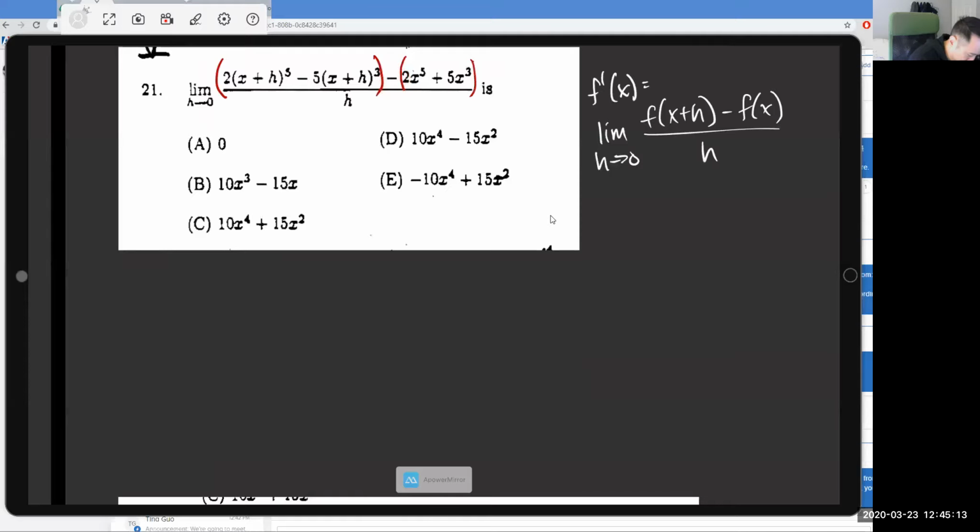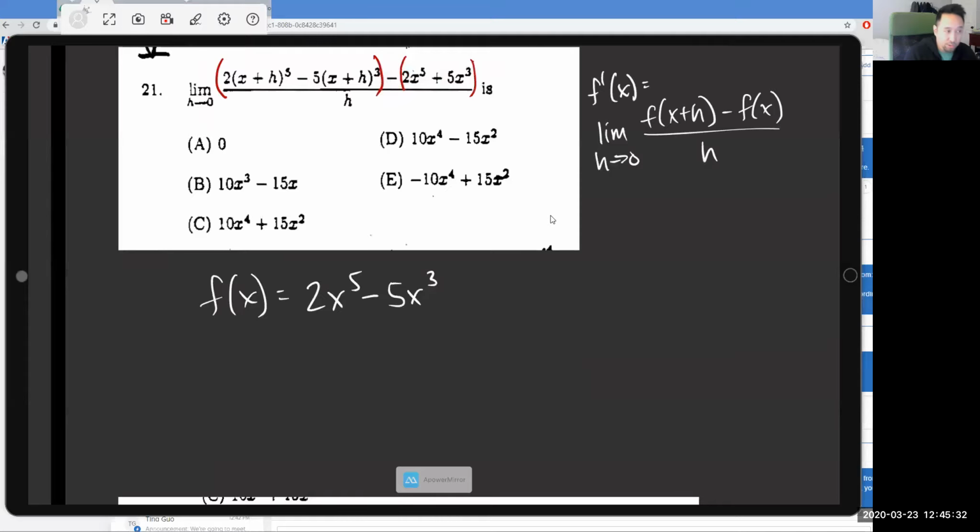So essentially f of x is going to equal 2x to the fifth minus 5x cubed, right? They already distributed that negative to here and made it a positive, right?